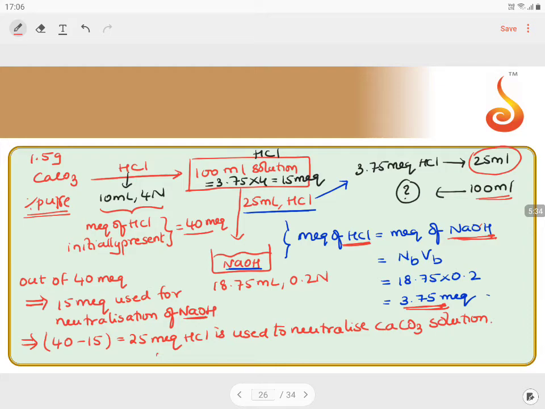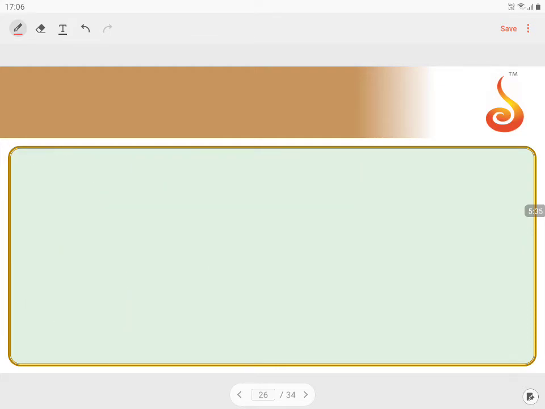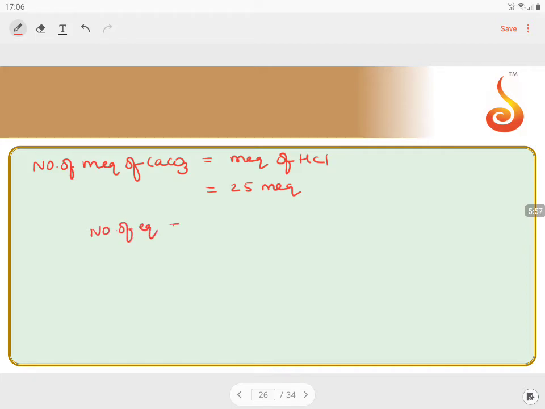According to this data, the number of milliequivalents of CaCO3 is equal to the milliequivalents of HCl used for neutralization, which is 25 milliequivalents. So the number of equivalents of CaCO3 is 25 into 10 power minus 3.